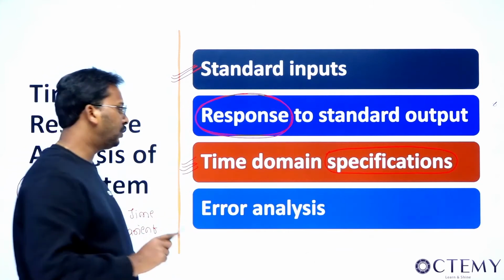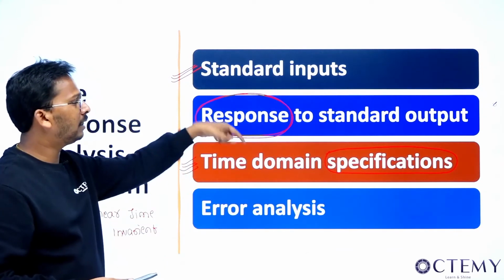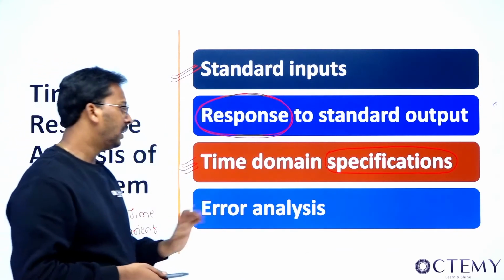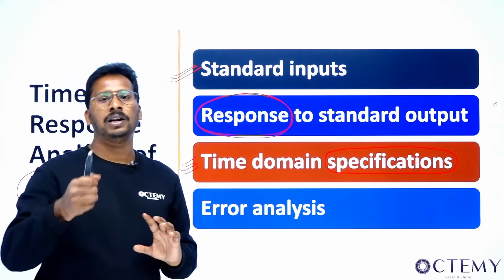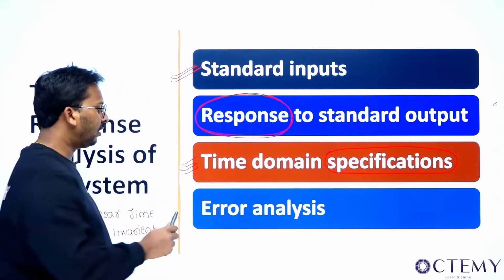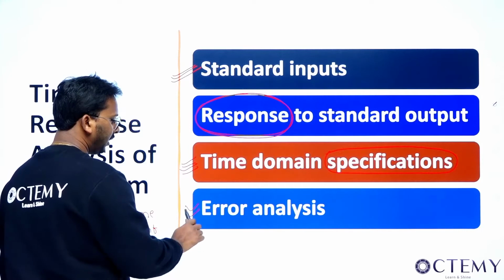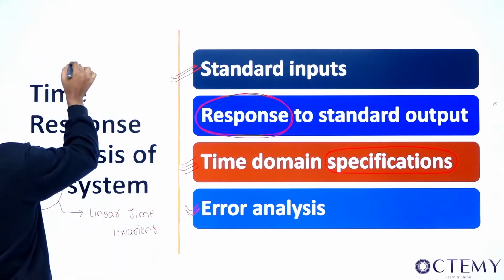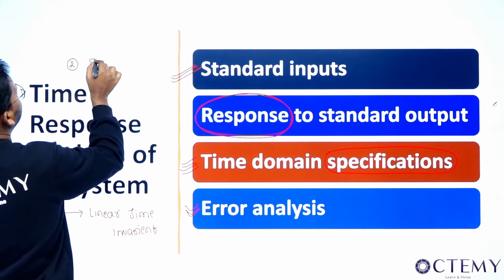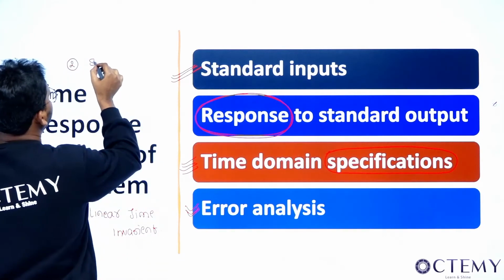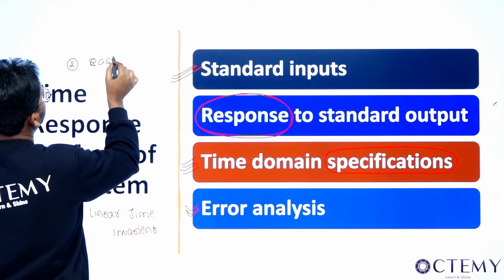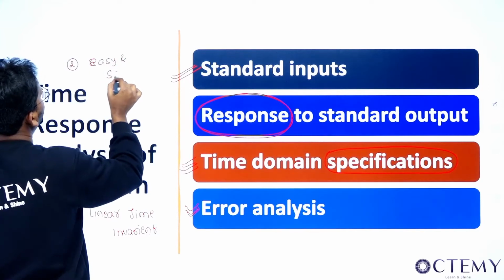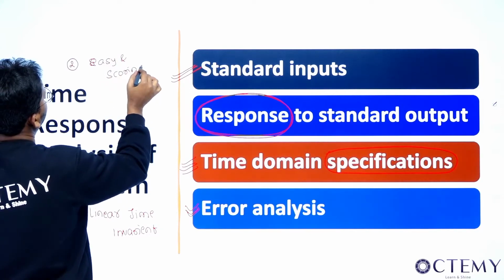And once you have derived these particular responses, you will see what is the error between the input and output, right? So that kind of error analysis can also be done. So of all the chapters, this is the second chapter, sir. This is the easiest chapter. This is basically an easy and scoring chapter, right?